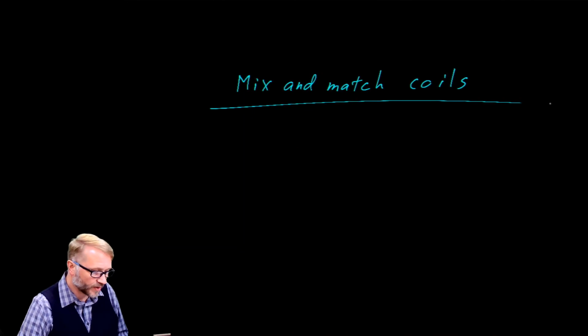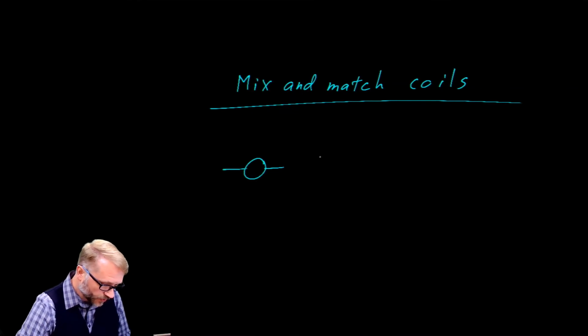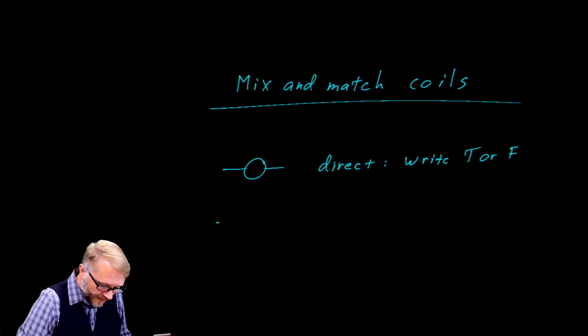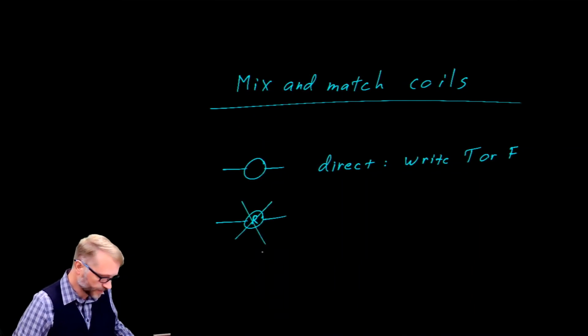And in Connected Components, we have 4 different coils. We have the direct coil, which can write a true or a false. We have the reverse coil, and you may be tempted to put an R there, but don't. That would be wrong.